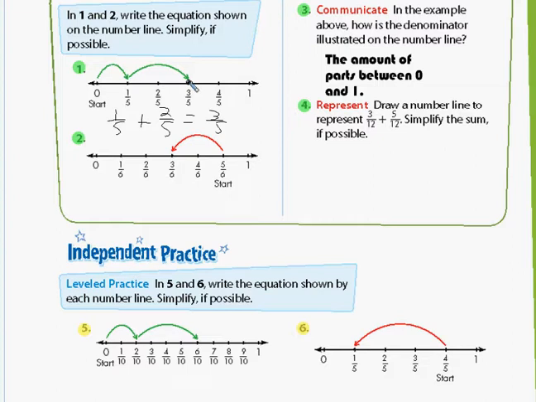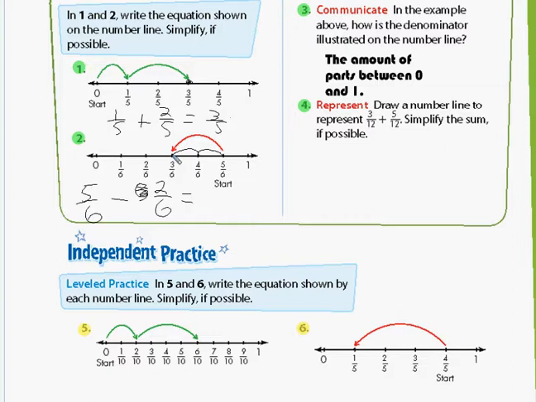On number 2, we see a subtraction one because we're starting and going to the left. We're starting with 5/6. And by the way, on number 1, we cannot simplify that anymore. There's no number other than 1 that we could divide both 3 and 5 by. It has us going back 1, 2, so that's minus 2/6.